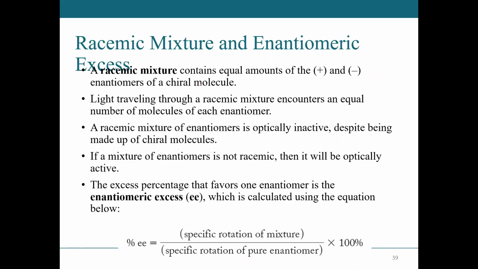So a racemic mixture contains equal amounts of the positive and negative enantiomers, and this is the rotation of light right here. If it rotates light to the right, that's called dextrorotatory. If it rotates light to the left, it's called levorotatory. The light traveling through a racemic mixture encounters an equal number of molecules.